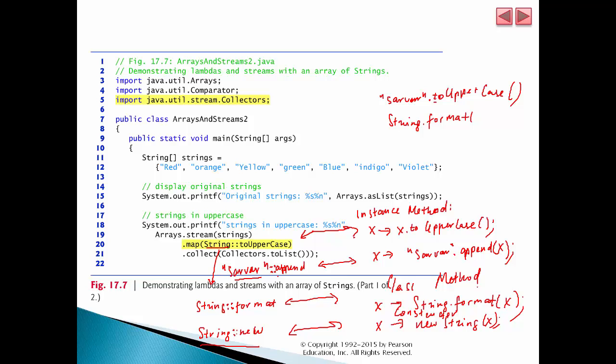But let's assume that append appends the value and then returns the new string as an output. Then we are getting all the new values from here, and we are appending all these values to Sarvar, something like that. Something like that can be happening if I write this instead of that. Okay, so this is just the fourth way of using the double colon notation to reference the methods that are implemented.